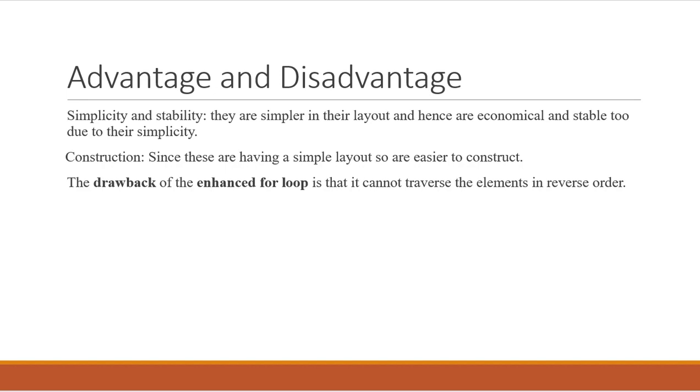Since they have a simple layout, they are easier to construct, so that could be one of the advantages. Whereas the drawback of the enhanced for loop is that it cannot traverse the elements in reverse order. That could be one of the disadvantages.